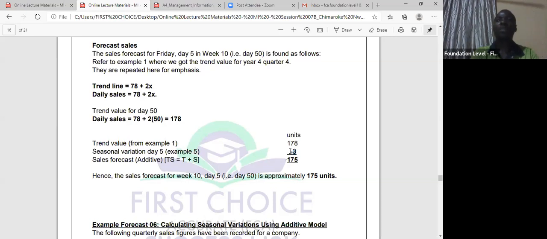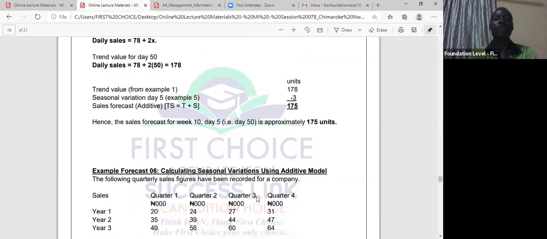Or maybe you didn't take the peculiarities of a Tuesday or Wednesday or Thursday that there may be no rush, that they may want to give a discount. So that's why trend value alone does not stand. You must put the seasonal variation. So this 175 units is much more accurate. It's still an approximate value, but it's better.